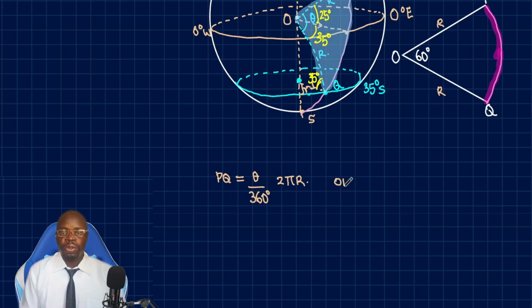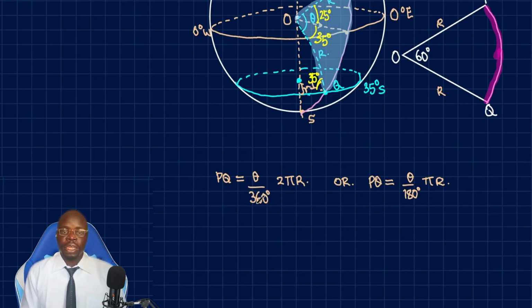Or you can also go ahead and reduce this, and you quote your formula as PQ equals theta over 180 degrees, because 360 by 2 goes to 180, times pi r as the formula.